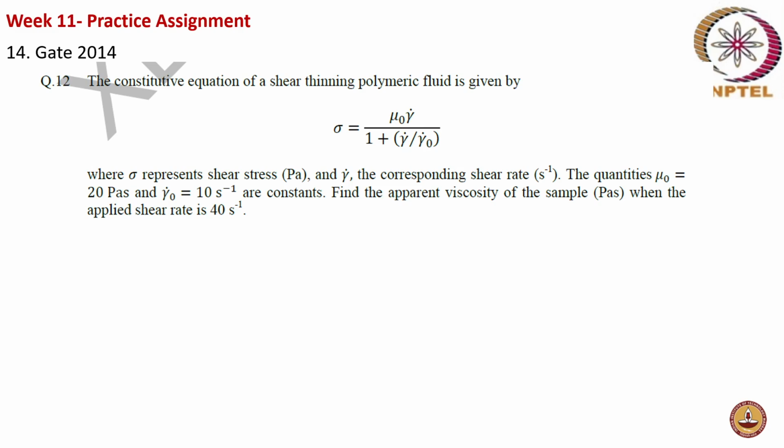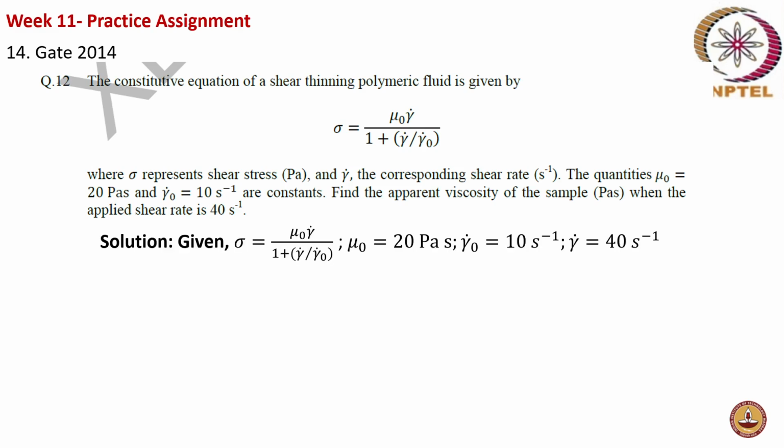They have given a relation for a shear thinning polymer fluid between the shear stress and the corresponding shear rate, the values of some constants, and the applied shear rate. They have asked us to find the apparent viscosity. Given sigma equals mu naught times gamma dot by 1 plus gamma dot by gamma dot naught, mu naught is 20 Pascal seconds, gamma dot naught is 10 second inverse and gamma dot is 40 second inverse.